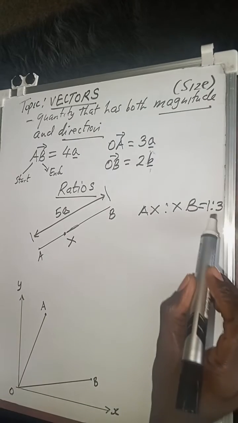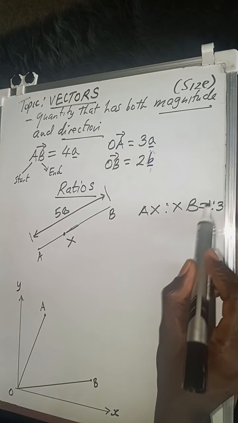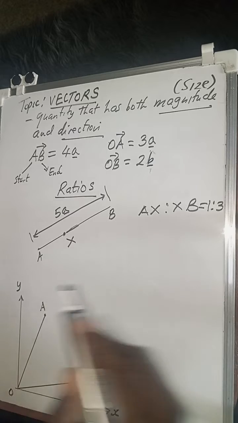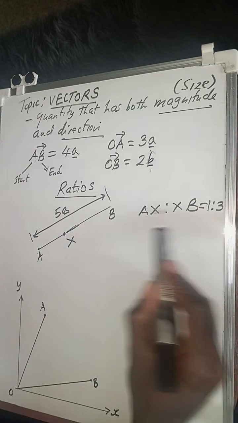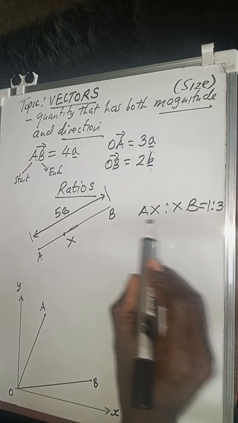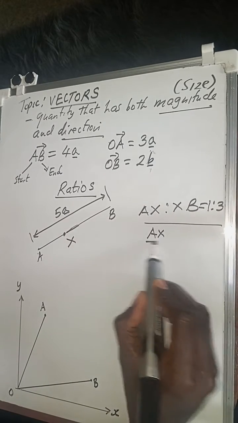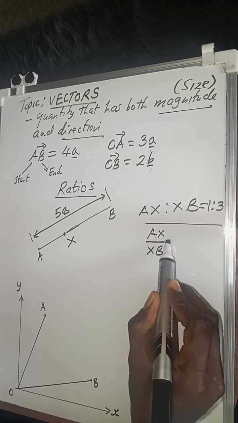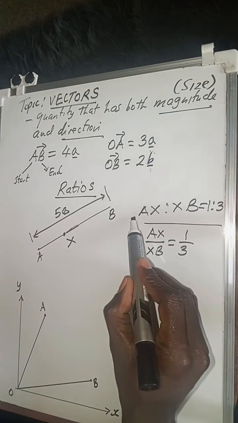What does that mean? It is possible you can know what AX is. In some exams, you're going to find that this can also be written as AX over XB is in the ratio 1 over 3. That's the way they can write that.